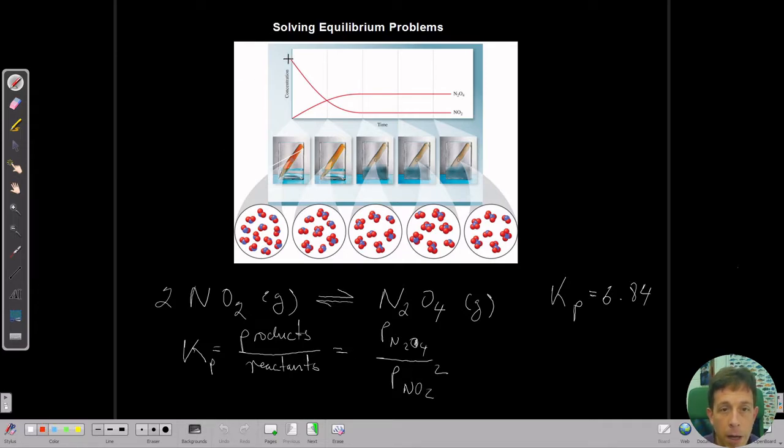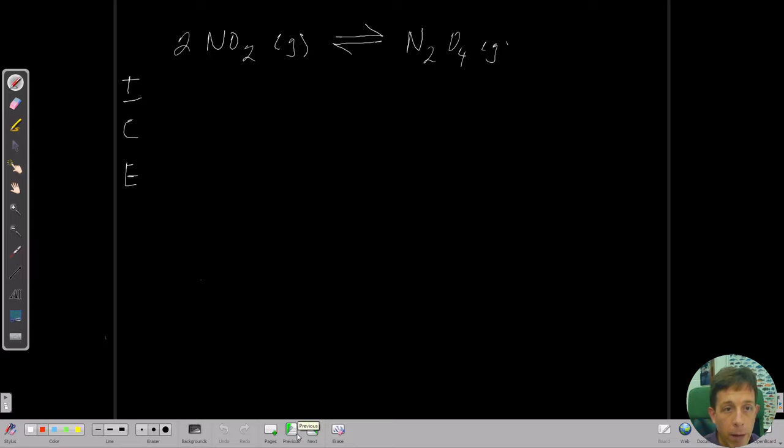So if we start off, say, with the partial pressure of NO2 as 1 bar and 0 bars of N2O4, so no N2O4 in the container, we can then figure out, as the reaction progresses, what the relative amounts at equilibrium are based on the equilibrium constant, because we know that the ratio of the partial pressure of N2O4 over the partial pressure of NO2 squared has to equal 6.84.